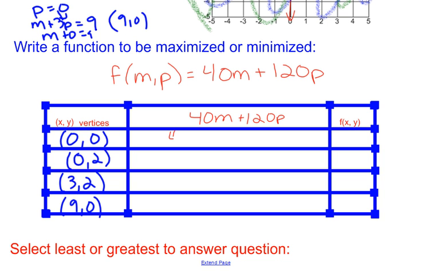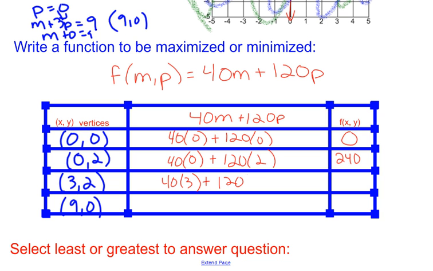So again, if I do 0 jobs, I make $0. 0 mowing jobs, but 2 pruning jobs, because that's one of my boundaries, I'd make $240. 3 mowing and 2 pruning, I make $360. 9 mowing and no pruning, I make $360.